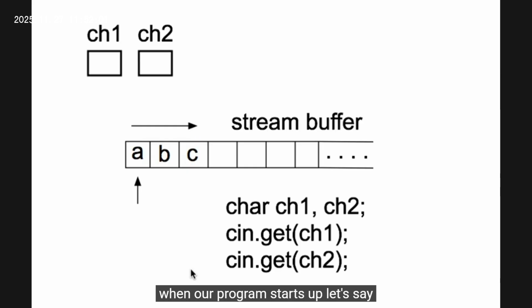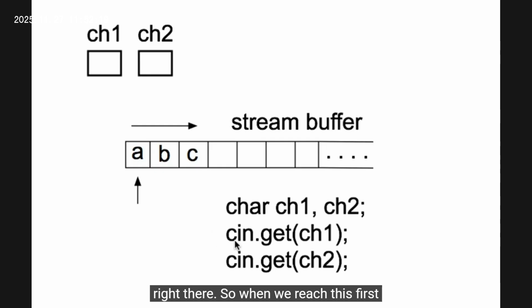Okay, so when our program starts up, let's say that these are the first few statements in our program. We set aside memory for ch1, which is a char. There it is right there. Then we set aside memory for another char called ch2, and there it is right there.